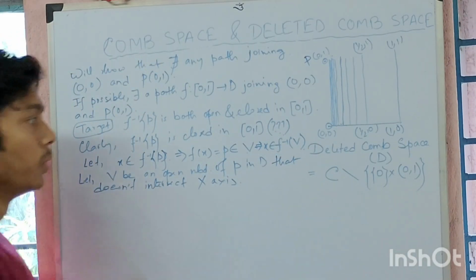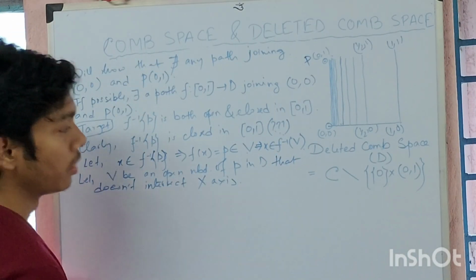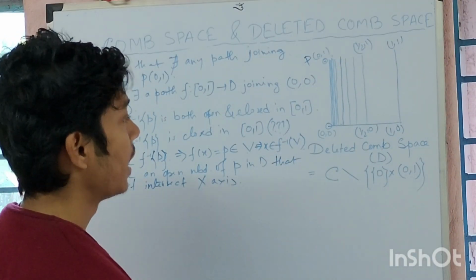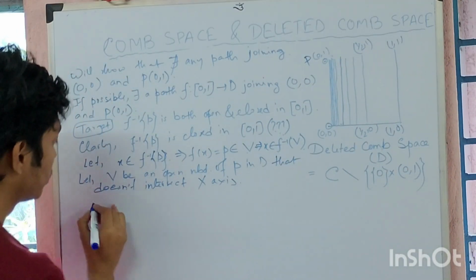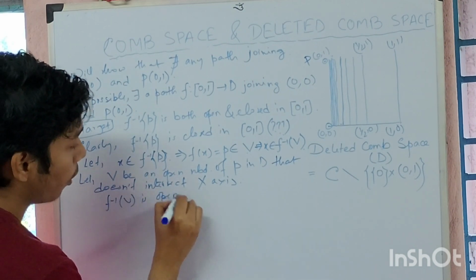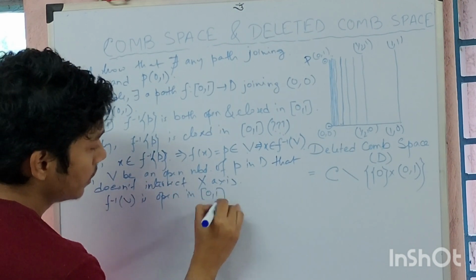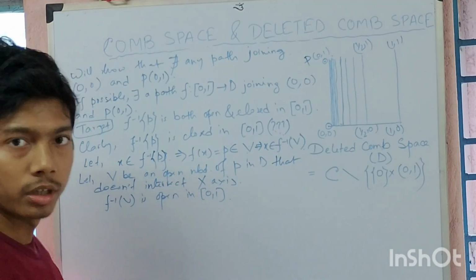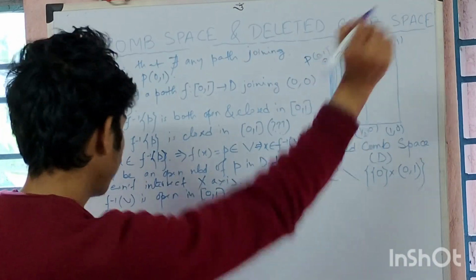Now V is an open neighborhood, so V is open in this deleted comb space, and F is continuous, mind it. So from this, F inverse V is open in 0 1, because V is open and F is continuous, so its inverse should be open. Okay, clear?